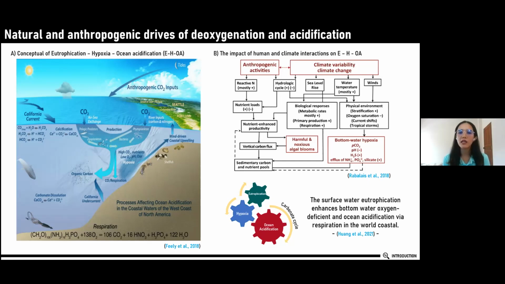The enormous nutrient input can lead to eutrophication, and when combined with stratification driven by freshwater input, it causes a severe decoupling of production and respiration. Production of organic matter occurs at the surface, while oxygen is consumed at the bottom water.